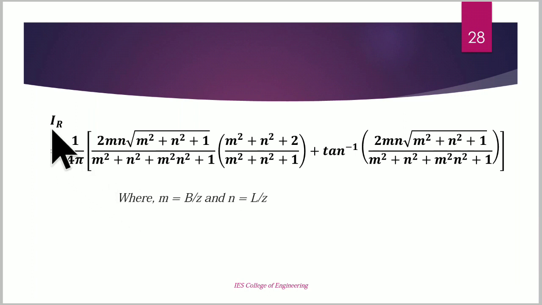And the expression for IR is presented as 1 by 4 pi into 2 mn root of m square plus n square plus 1, the whole divided by m square plus n square plus m square n square plus 1, into m square plus n square plus 2 divided by m square plus n square plus 1, plus tan inverse 2 mn root of m square plus n square plus 1, the whole divided by m square plus n square minus m square n square plus 1.